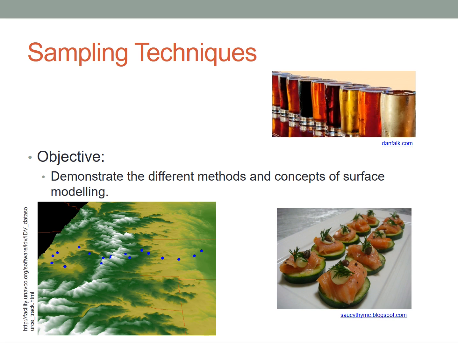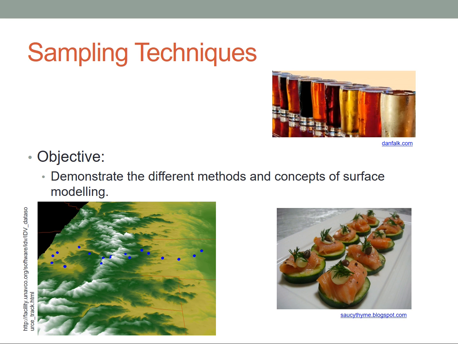Here are some examples of sampling techniques. We're more worried about surface modeling and the sampling techniques for that, but sampling itself comes in many different ways. If you were to go out to the bar and get a flight of beers, you get to try a little tiny glass of each.